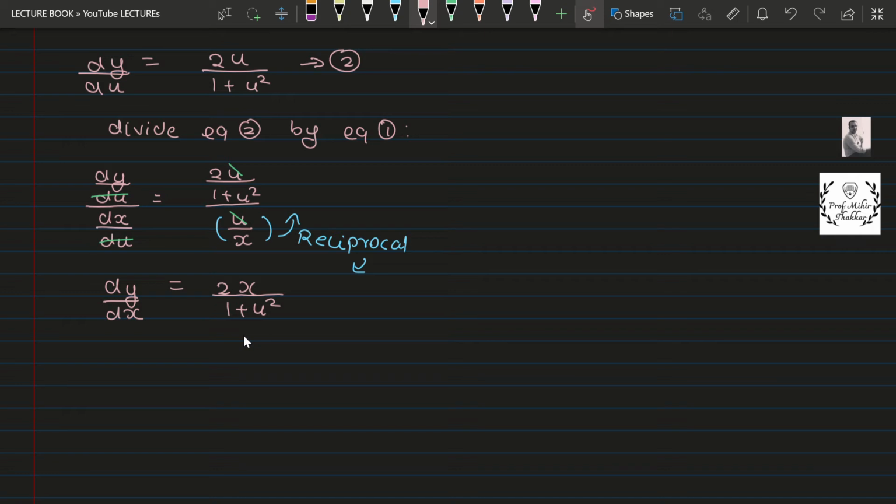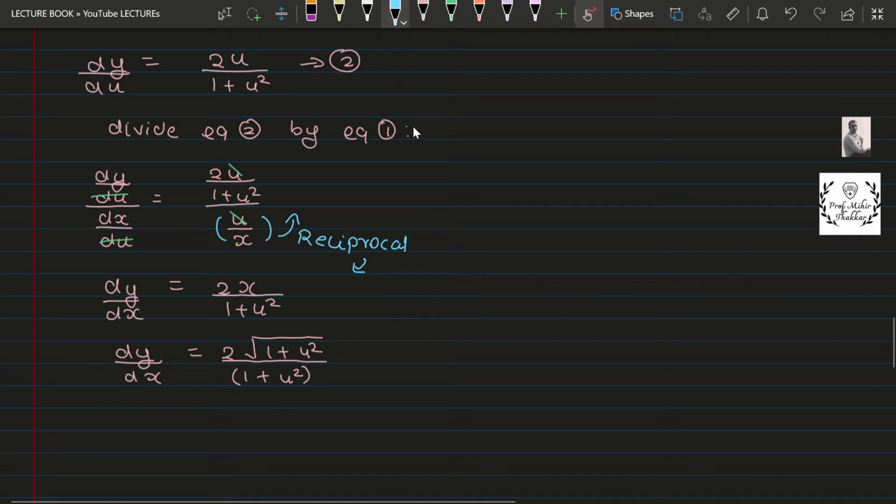Now, how do we simplify this? How do I write my final answer? What I will do is, I will write over here 2 into root of 1 plus u square upon 1 plus u square.